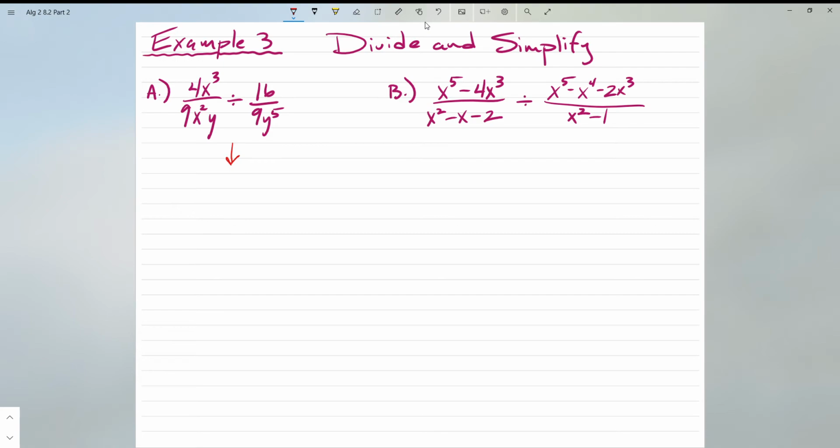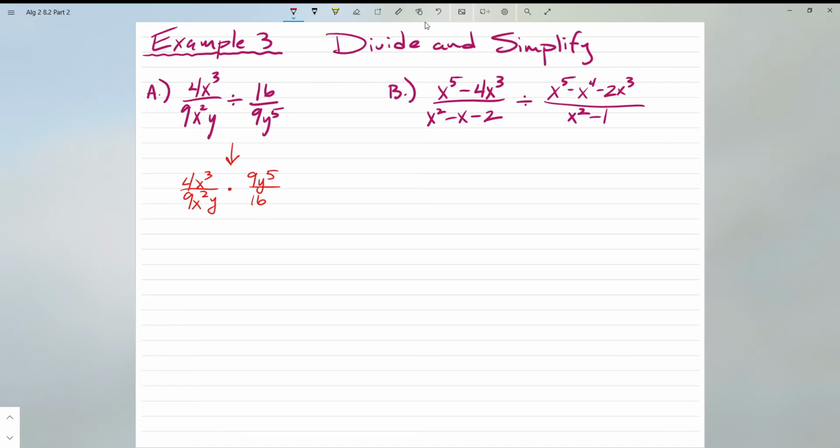But what you're going to do is, instead of division, your first fraction stays identical. Your second fraction flips upside down. And then you'll notice I changed it to multiplication. That is literally the only one thing you have to do.